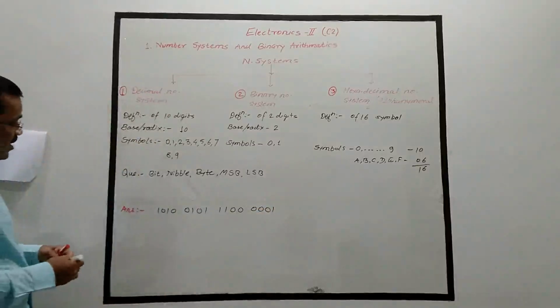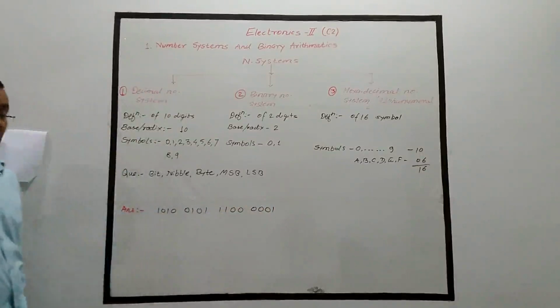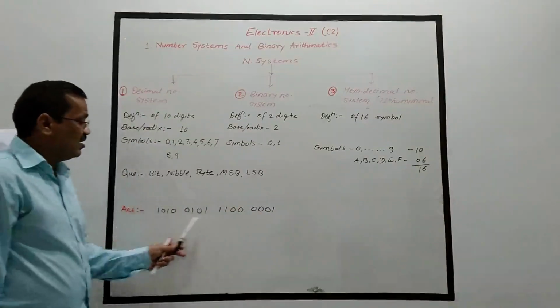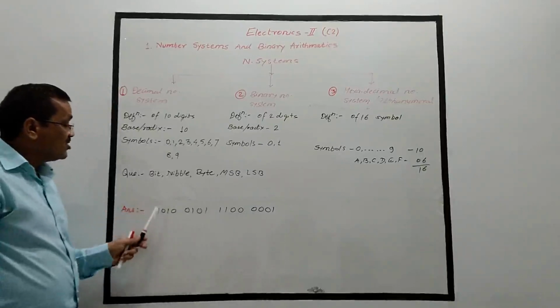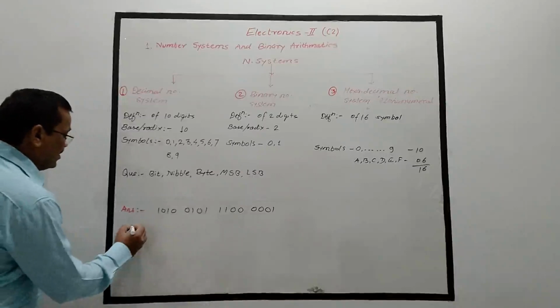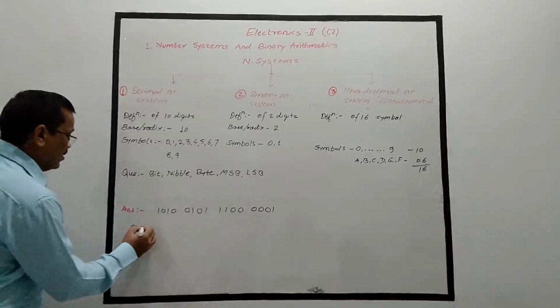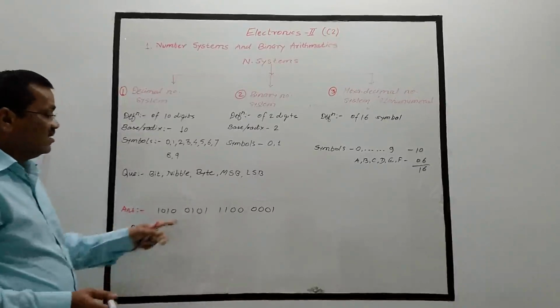See, 1, 2, 3 up to 16. So this chain of numbers has 16 bits. The total number of bits in this chain is 16.